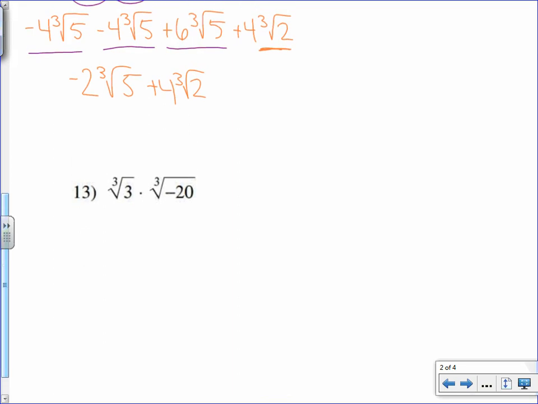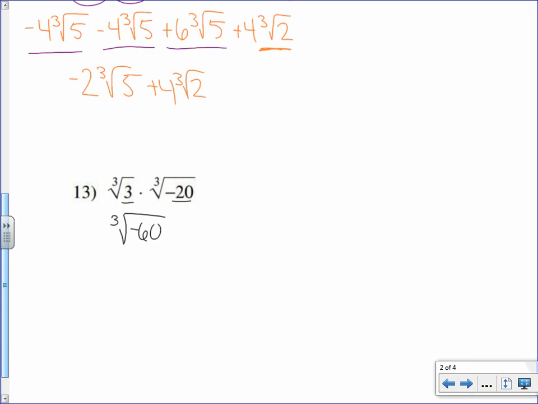Now multiplication is nice because I don't need to have the same radicand, I just need to have the same index. Okay? So here, since they both have an index of 3, I can just go ahead and multiply, and this is going to be the cube root of negative 60, because 3 times 20 is 60.